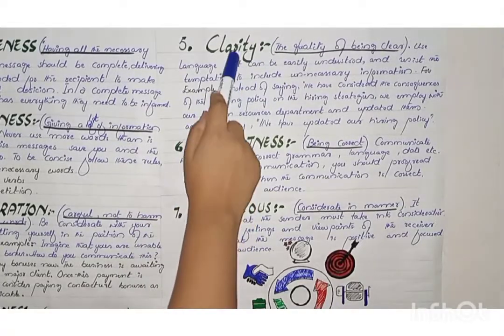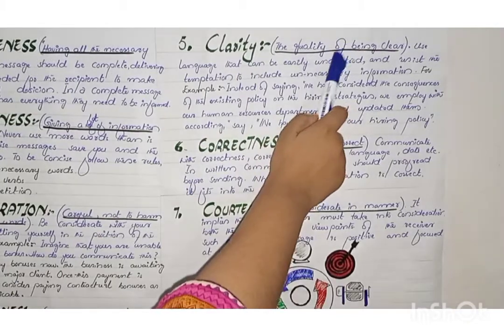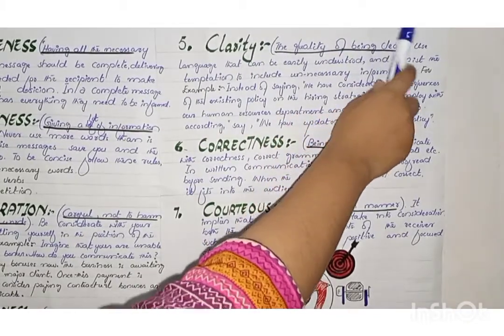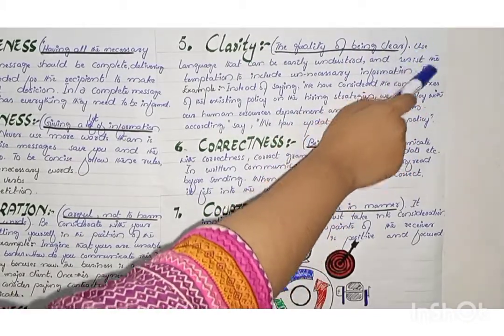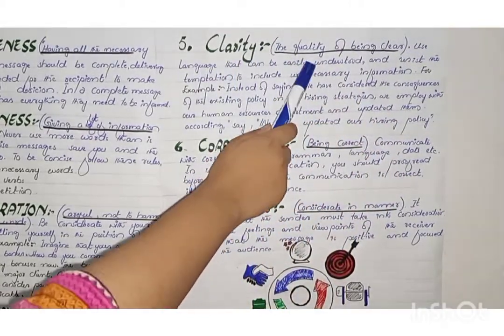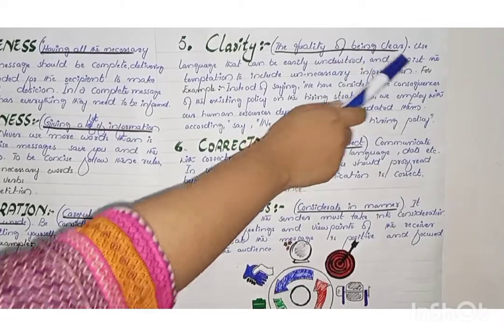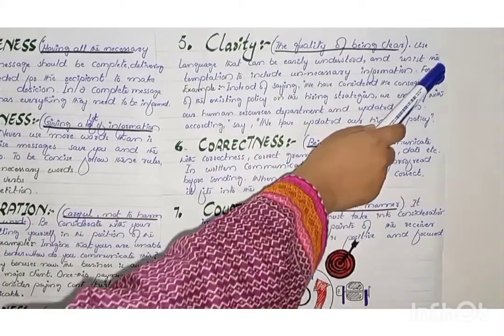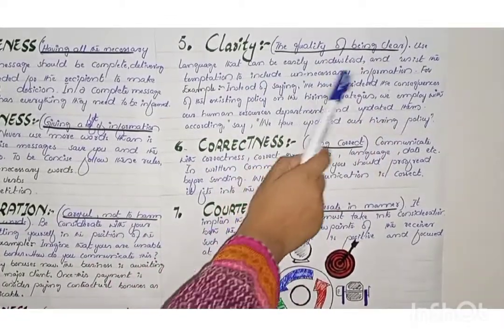Guys, number five is clarity, the quality of being clear. Use language that can be easily understood and resist the temptation to include unnecessary information.